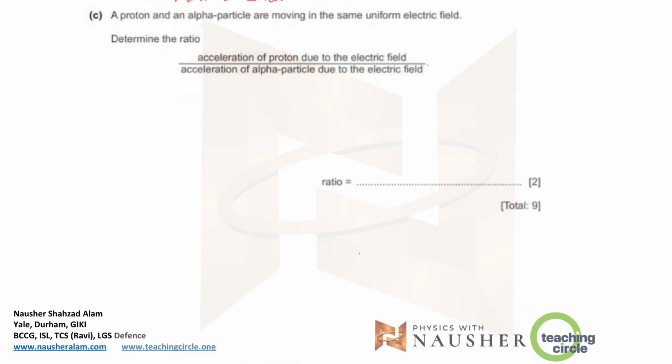A proton and an alpha particle are moving in the same uniform electric field. Find the ratio of the acceleration of the proton over acceleration of the alpha particle. That's represented like this, A P over A alpha. Now, you know that both the alpha particle and the proton would experience a force in the electric field, and that force would be equivalent to ma.